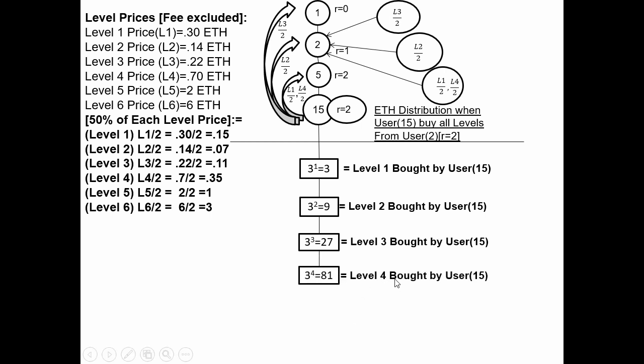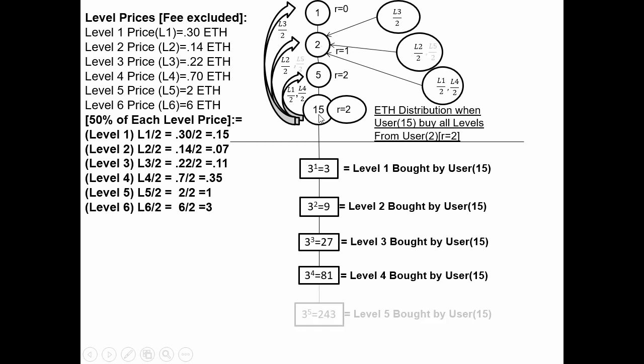Level 4 already bought. The level 4 price is 0.70 and 50% is 0.35. So 0.35 will go to user 5. Here you can see L4 by 2, that means 0.35 Ethereum will go to user 5. And the rest of the L4 by 2, 0.35 Ethereum, will go to user 2.